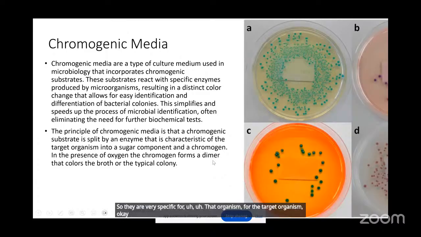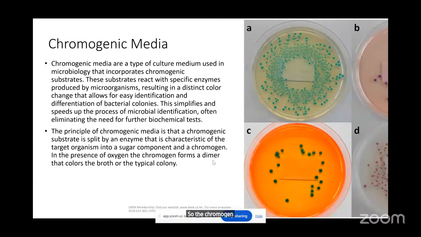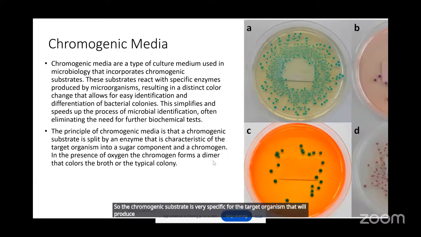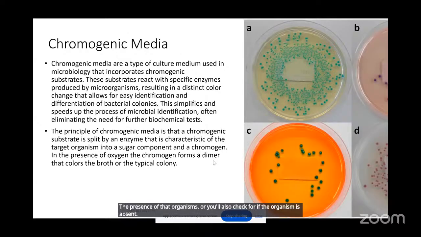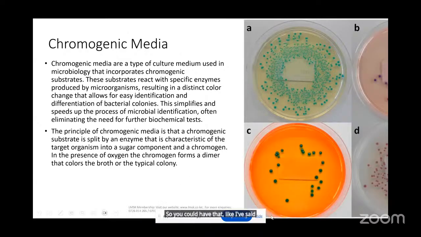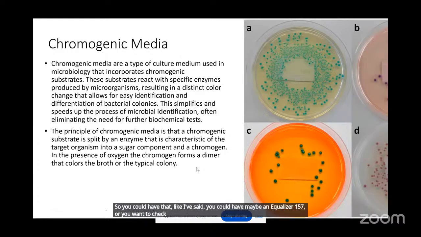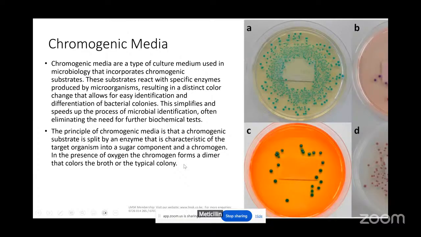Okay, so the chromogenic substrate is very specific for the target organism and will produce a color change that will help you confirm the presence of that organism, or you'll also check if that organism is absent. Like I've said, you have maybe E. coli O157, or you want to check for methicillin resistant Staphylococcus aureus.